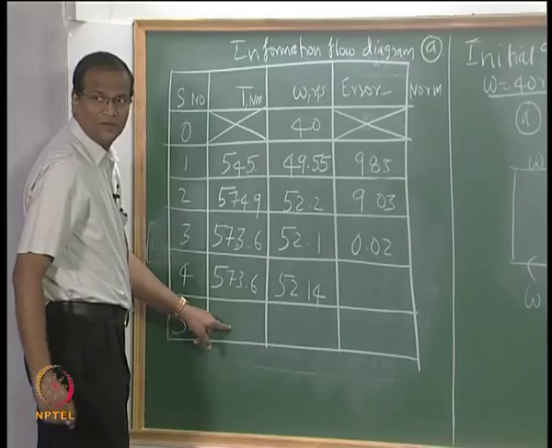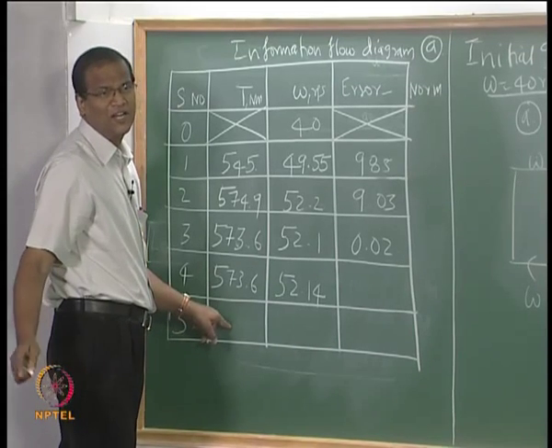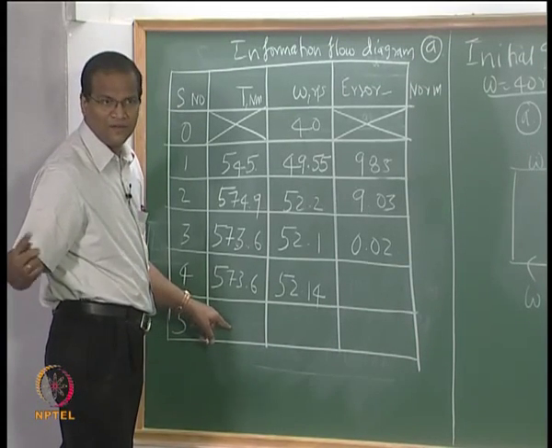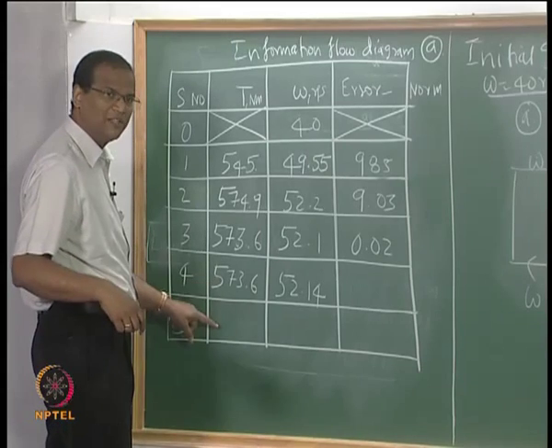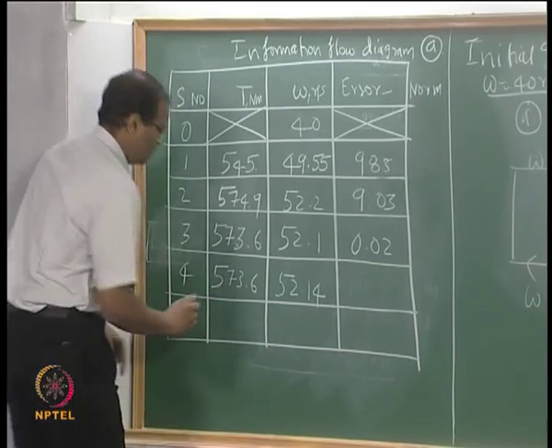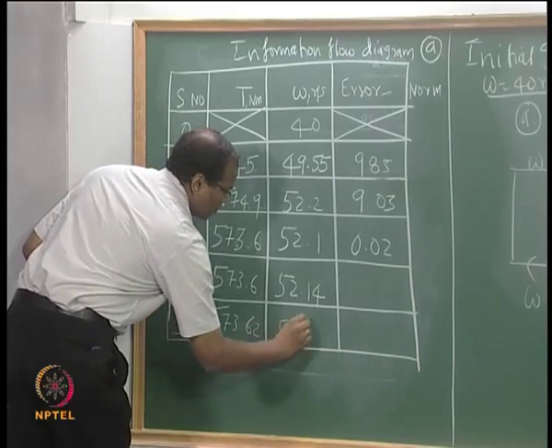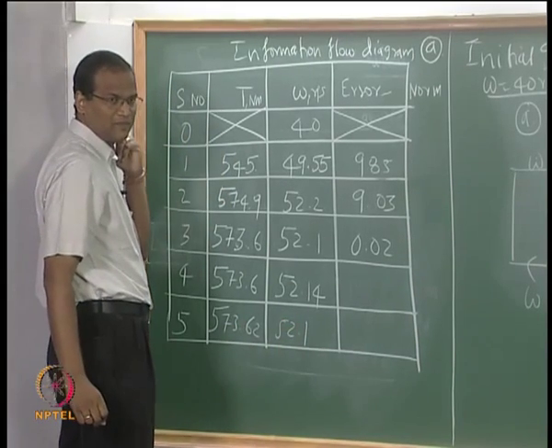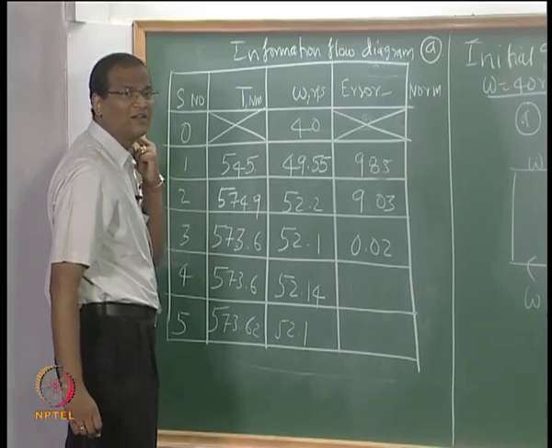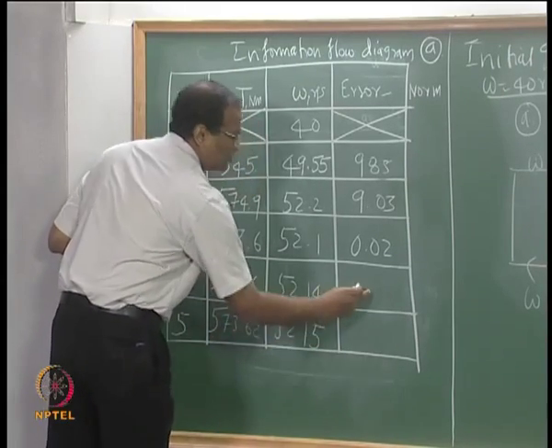Because you are cutting down to 2 decimals, you are getting the same thing. 573.6. 1.5. So please report the error here.